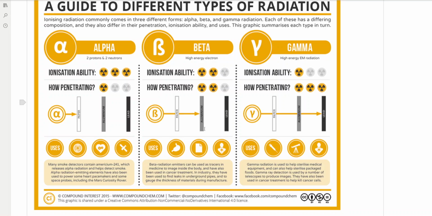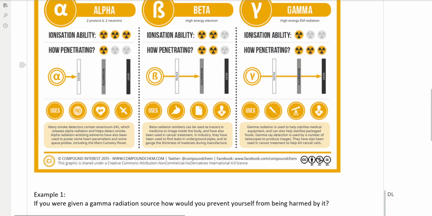Smoke detectors use alpha radiation. Beta radiation can be used as a tracer in your body, and with gamma radiation, we use a gamma knife in order to try to destroy cancer cells, and that's a pretty cool technology. Or sterilizing things in general.